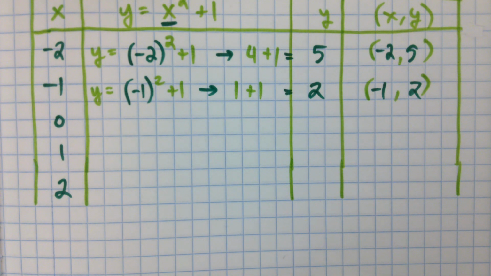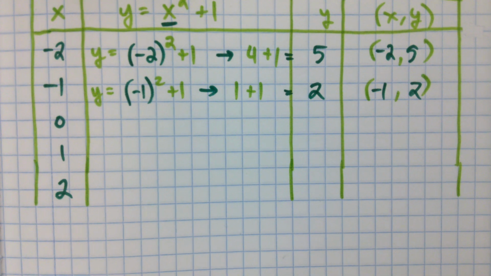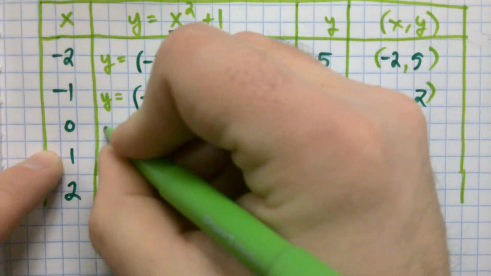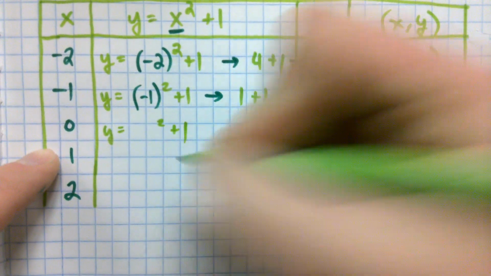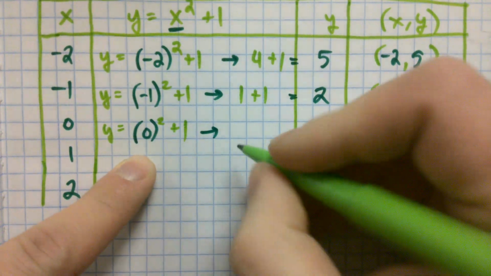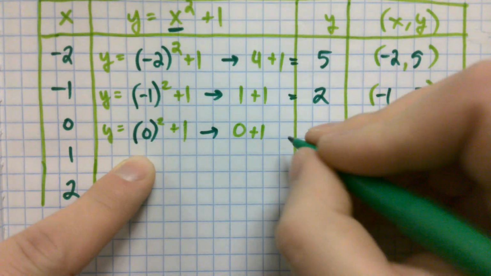Are we seeing what I'm doing here, or is there some confusion? Yeah, of course we've done this before. We're reviewing. This is even on the test, I think, that we took a couple weeks ago. Third input is 0. Y is equal to 0 squared plus 1. What's 0 squared? Just 0. Plus 1 gives me 1.